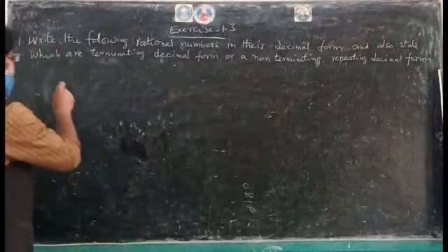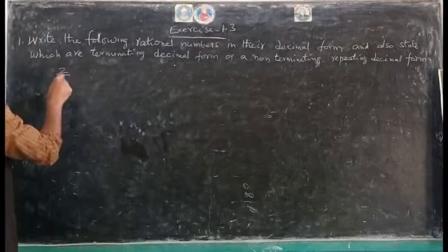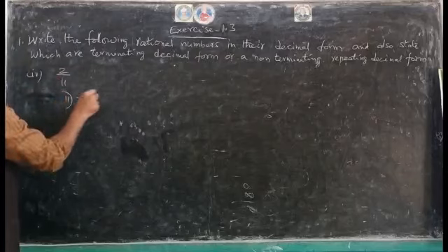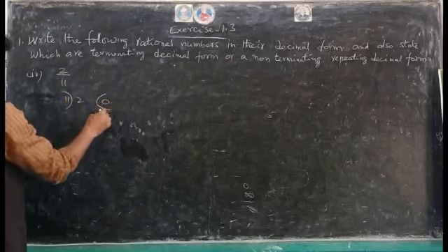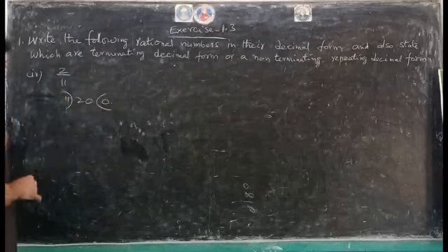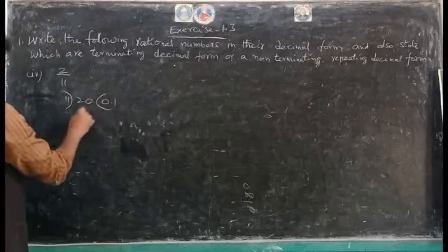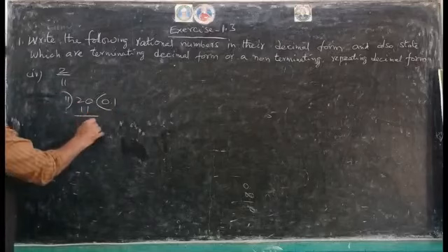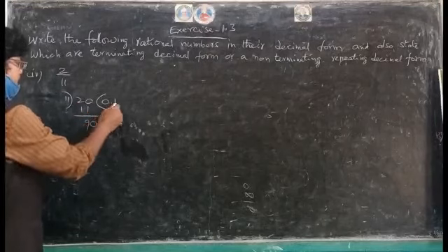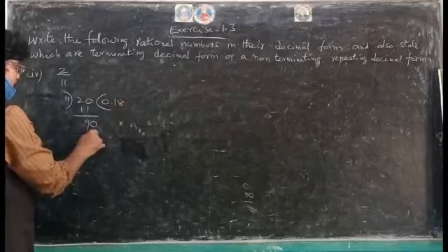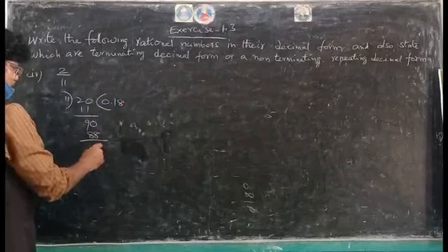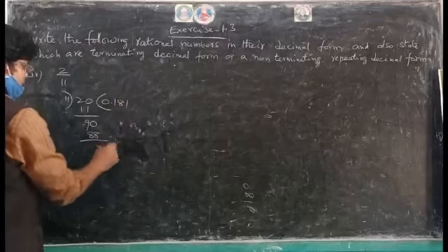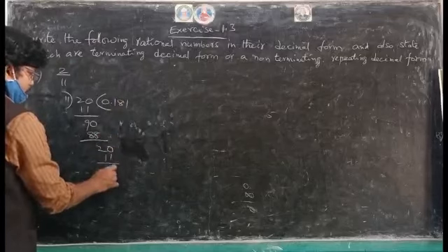2 by 11. This is the fourth one. 2, 0.20. 1 time 11, 9. Put 0. 90. 8 11s are 88. 2, 20. 1 11 is 11. 9.